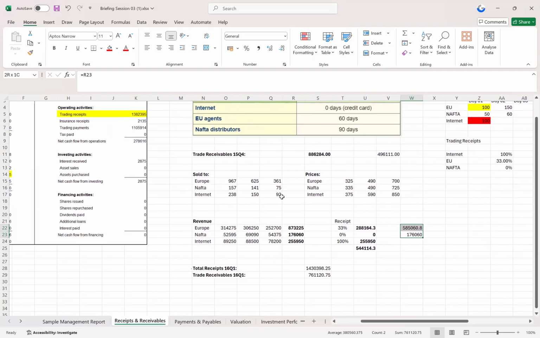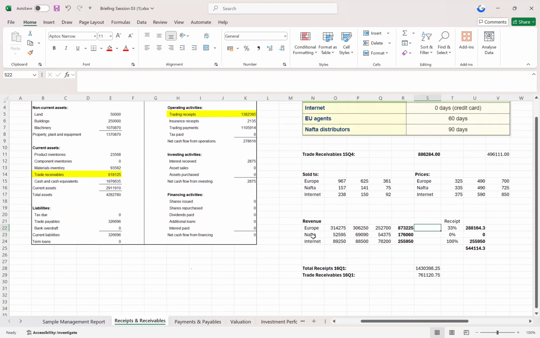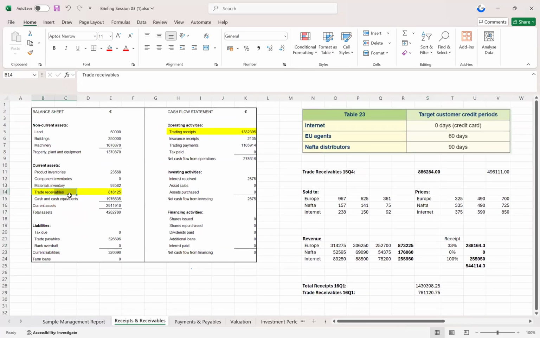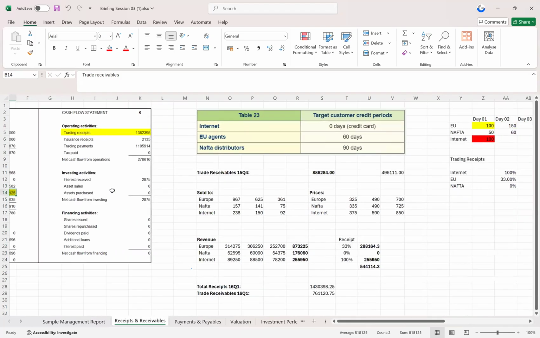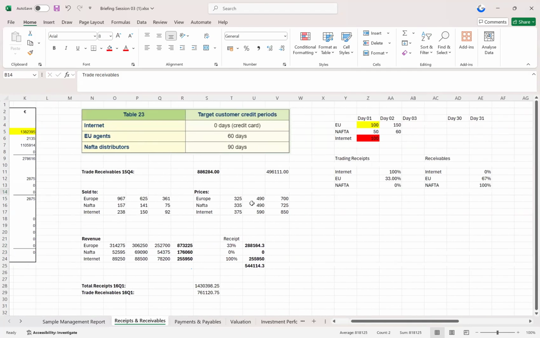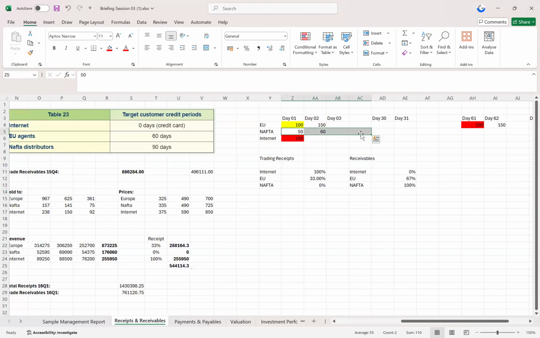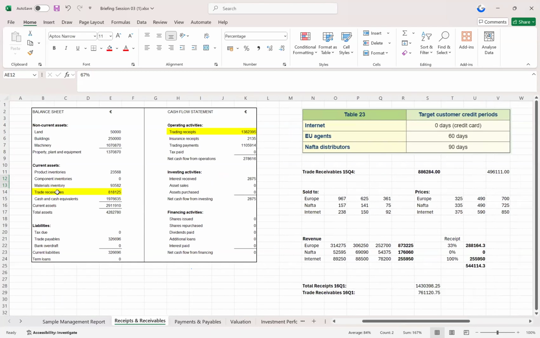Now, how do we manage it for our calculation purposes? At the end of every quarter, the management report will give you receivables. These receivables are going to form the major part of your revenue, because 100% of NAFTA and 67% of, so basically 167% of the total sale roughly you are getting in the next quarter.